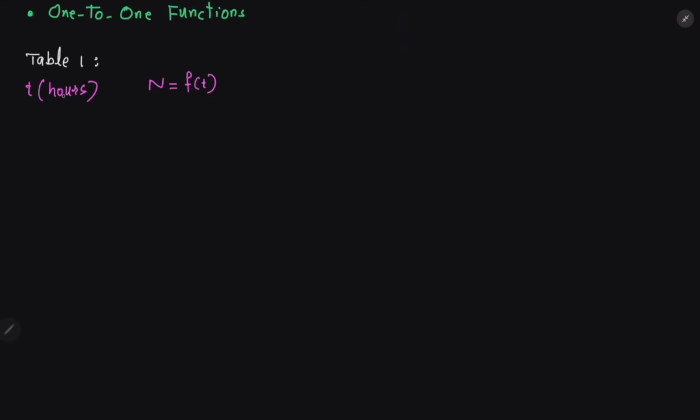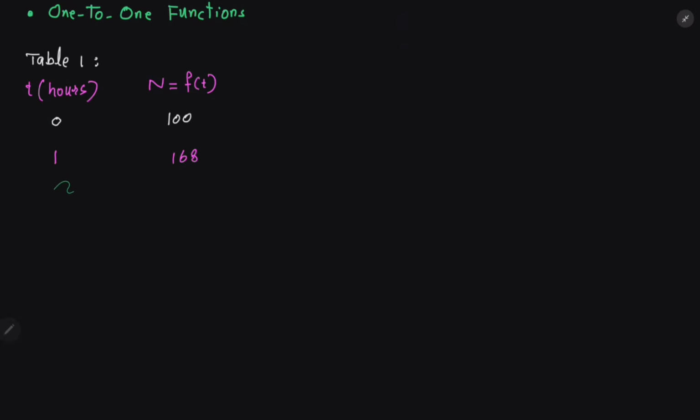When time was 0, the population of bacteria was 100. When the time was 1, then the population was 168.